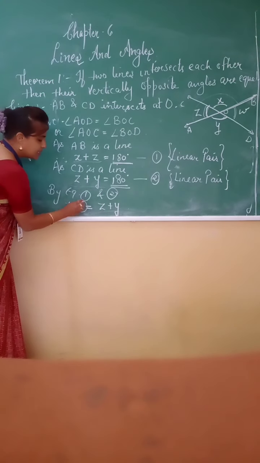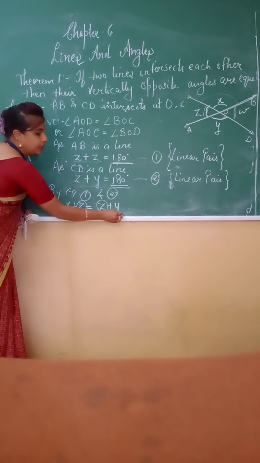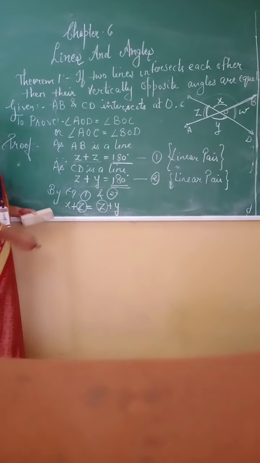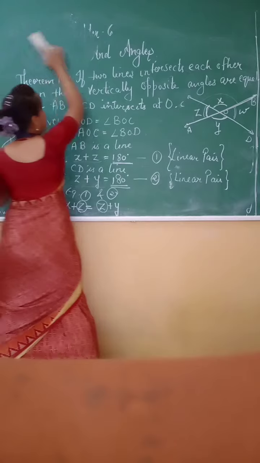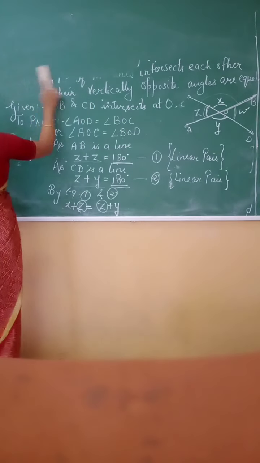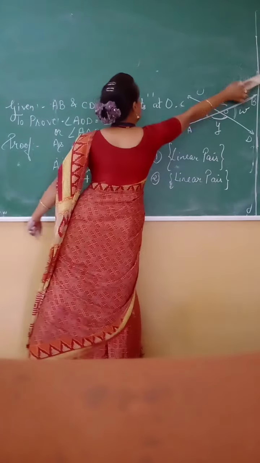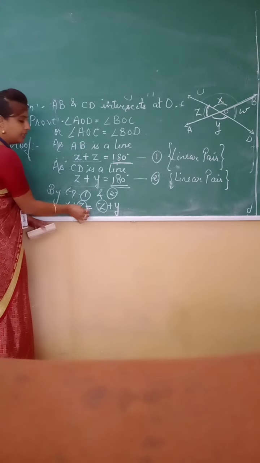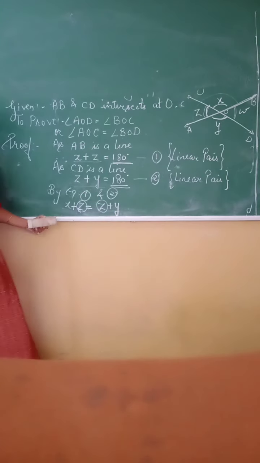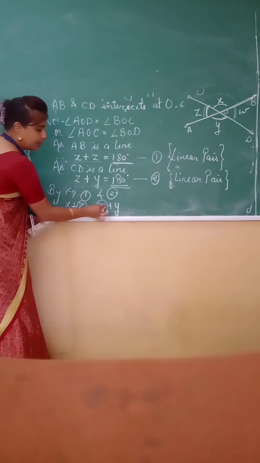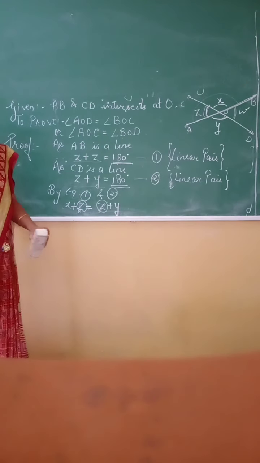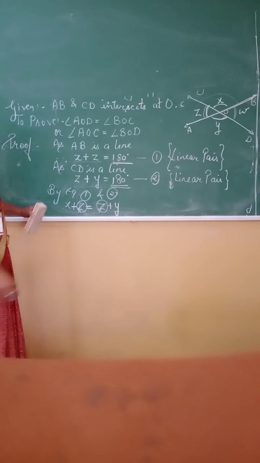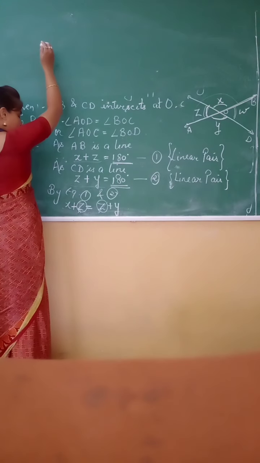And now if the same term is added to both the angles, therefore we can say here that x is added to z, it gives equal to z is again added to y. It means this is the same term, the same measurement of the angle which can be cancelled out. So what is the remaining part here?